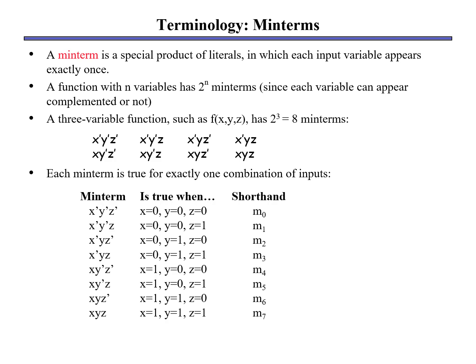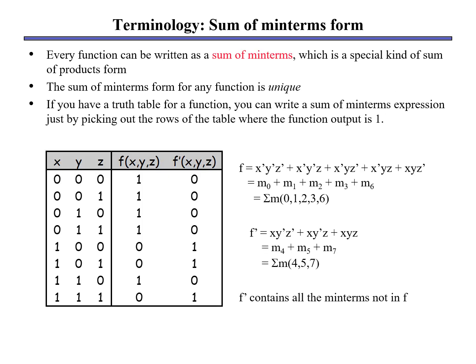The same thing we follow up to x, y, z. If the variable is denoted by a bar, then the value is 0. If it is simply denoted by the variable, then the value is 1. Based on this, we form the 8 min terms for the 3 variables. So these are the terminologies to form the min terms.